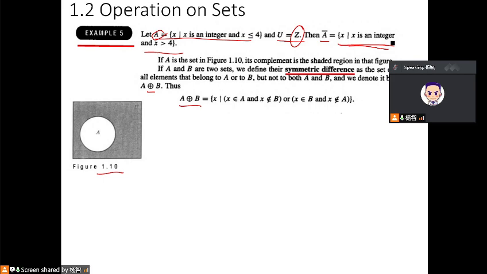The symmetric difference between A and B equals a set. Does the set include an element?